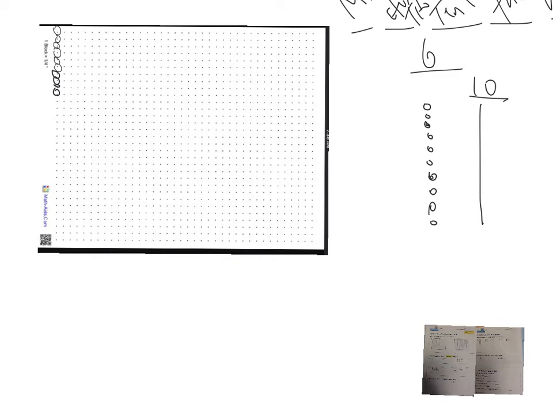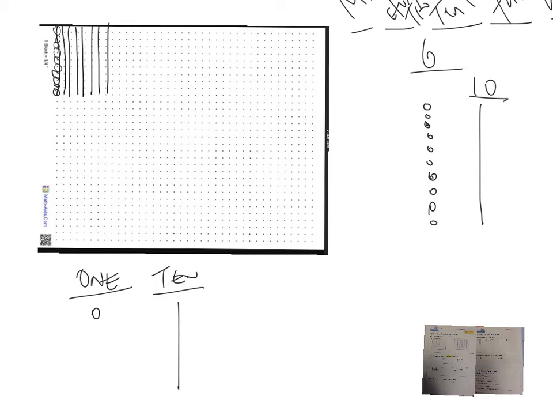One stick would represent 10. In your notes, make sure you're writing down that a 1 is represented by just a dot, and a 10 is represented by a stick. That brings us to the next one, because you know there are 10 tens in 100, because 10 times 10 is 100.